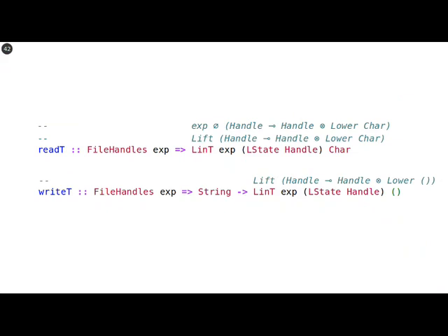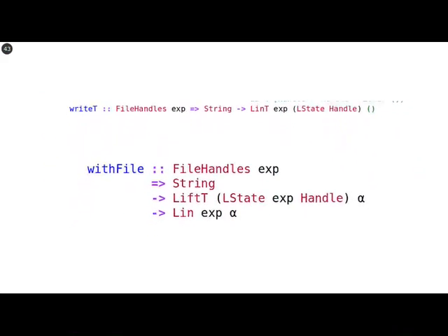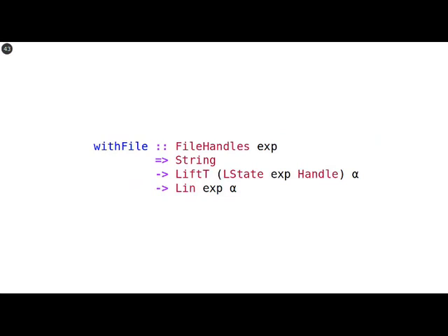Since we're talking about nonlinear data, it's actually in this lifted state monad. So we can have read T and write T and so on, and then our with file operation has this form too. It takes in a lifted state transformation on file handles.